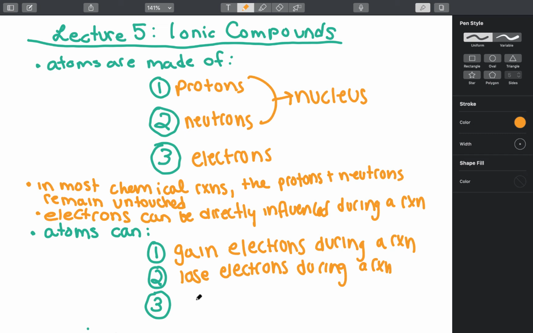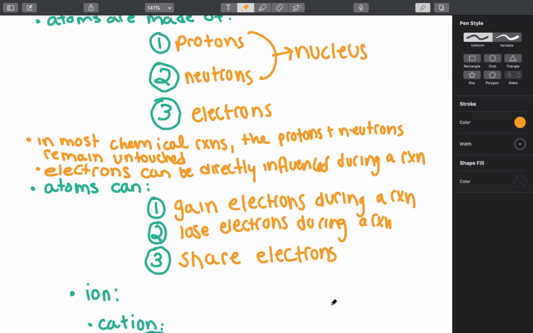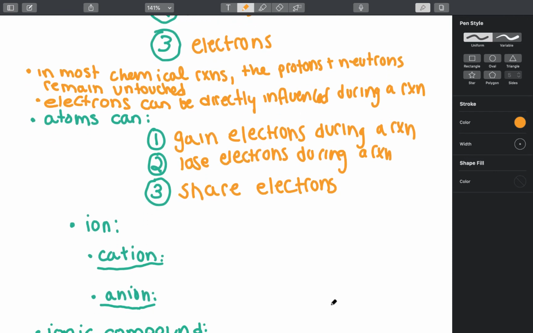And electrons can be shared. So when electrons are gained or lost, ions can be formed.